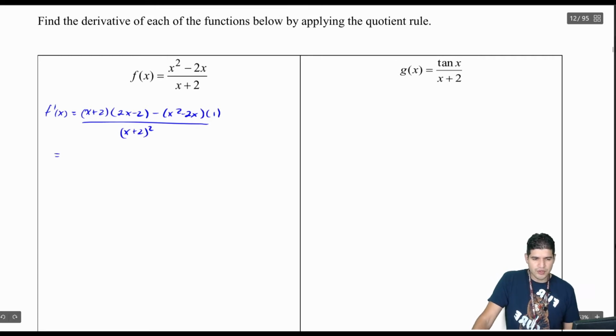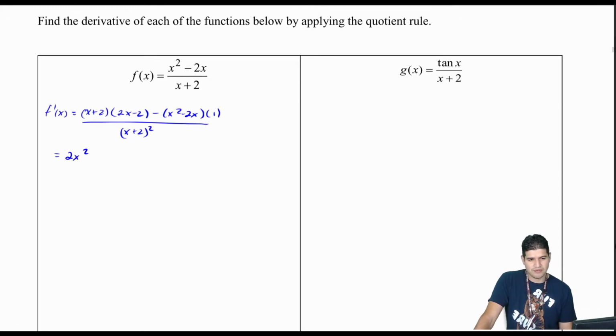All right, so I've got to multiply some of these things out, so 2x squared first outside, so that's minus 2x plus 4x, so plus 2x, and then minus 4. And then over here, I have minus x squared plus 2x, all divided by x plus 2 squared.